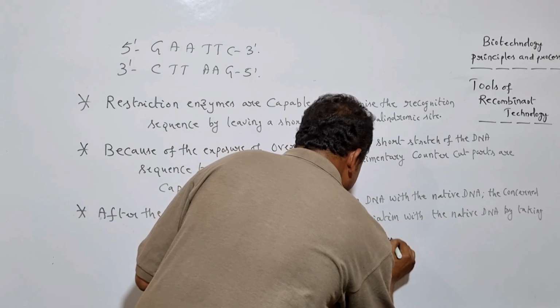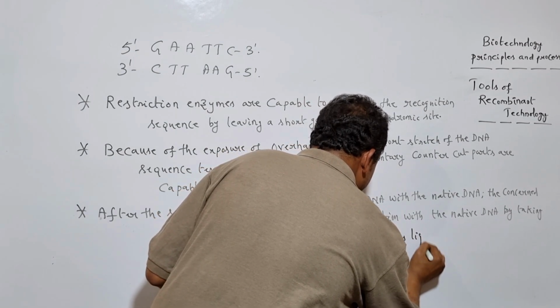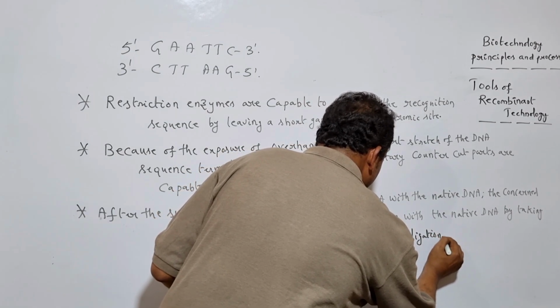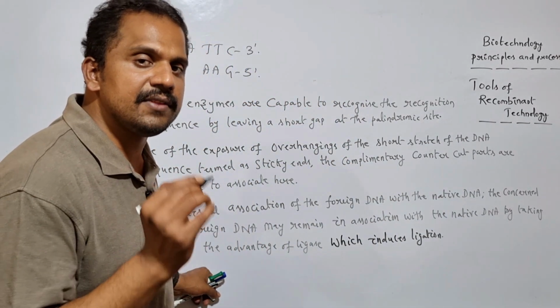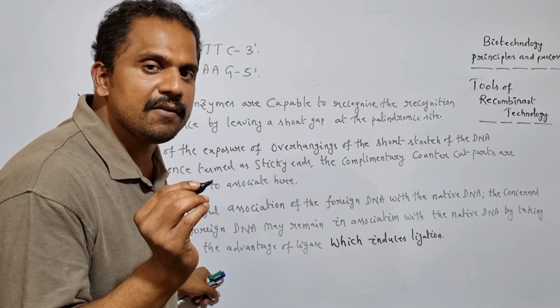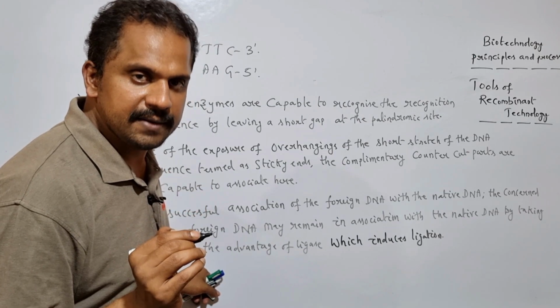So here, after the successful ligation of the foreign DNA with the native DNA, here it leads to the formation of recombinant DNA. Is it clear?